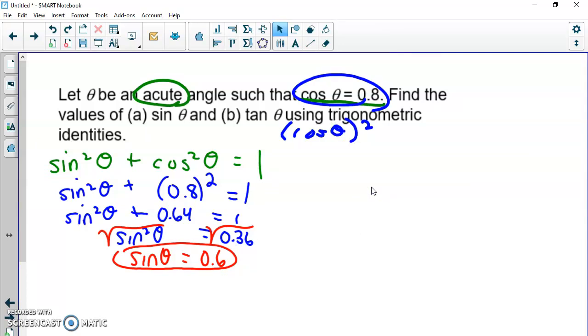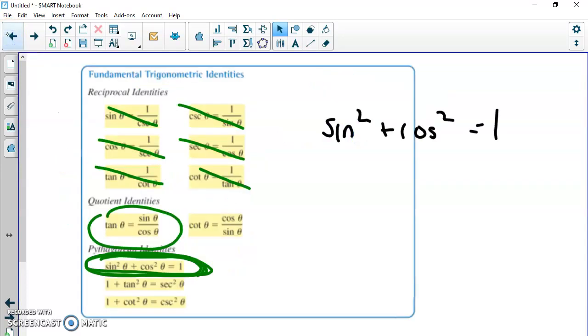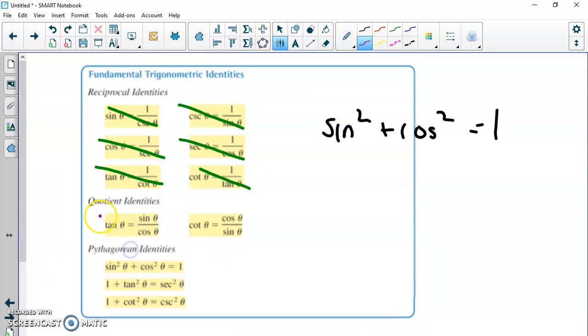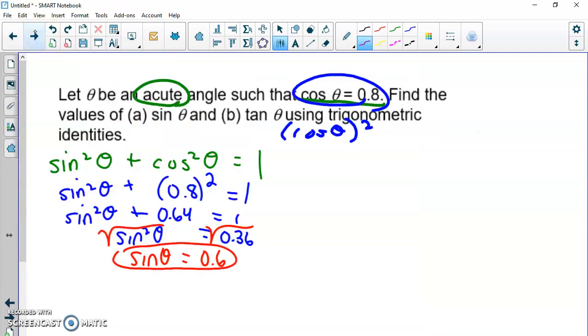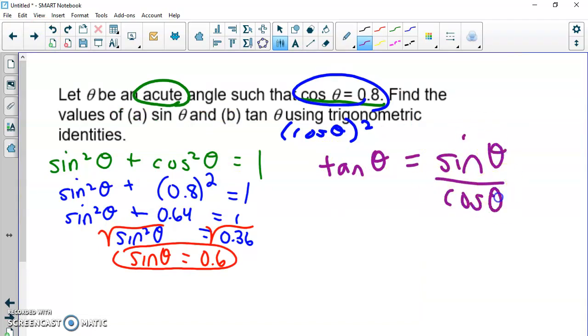All right, so now we have cosine and sine. So let's go back to our identities and see which one we're going to use for tan. Well, this one here that I'm going to circle in purple has sine and cosine to help us with tan. So tan is sine divided by cosine. So tangent of theta equals sine theta over cosine theta.